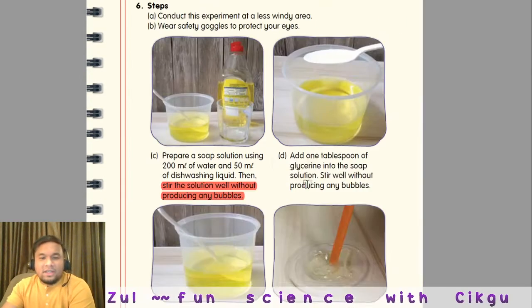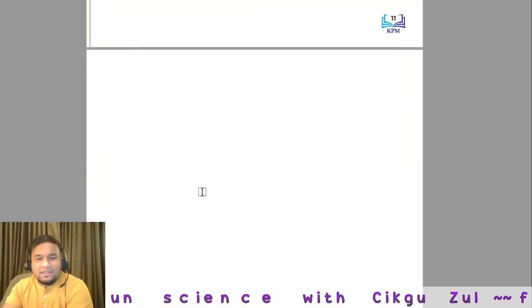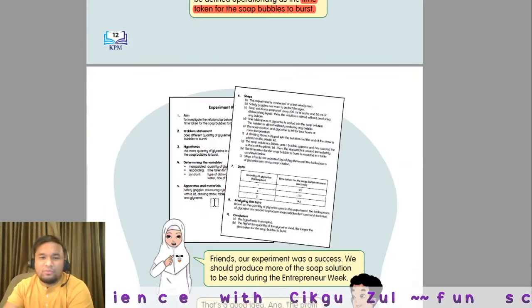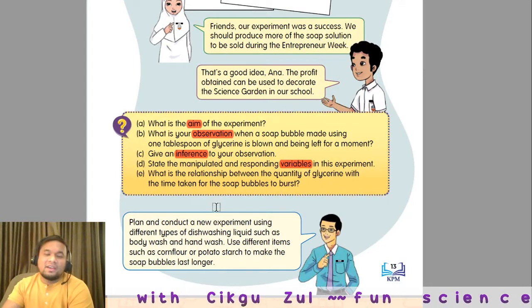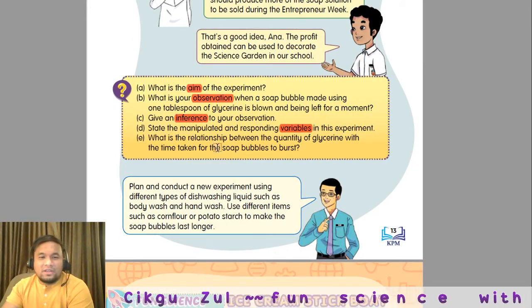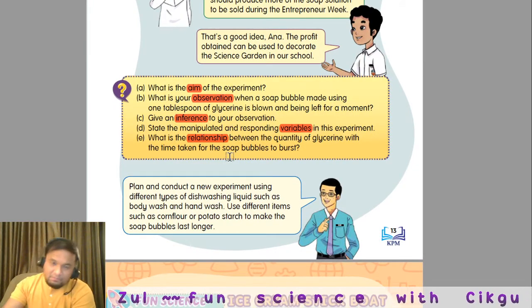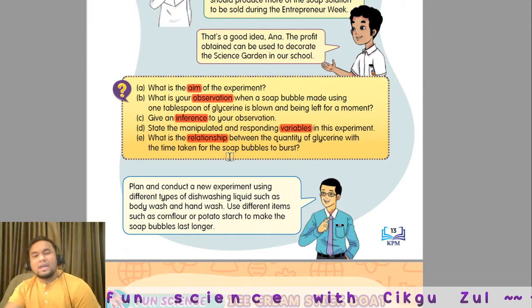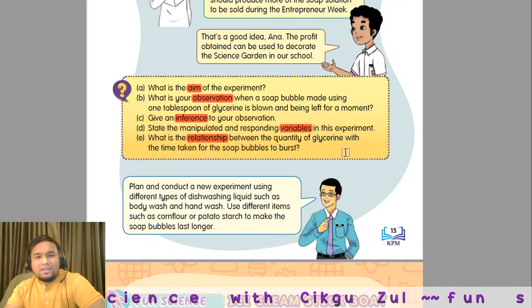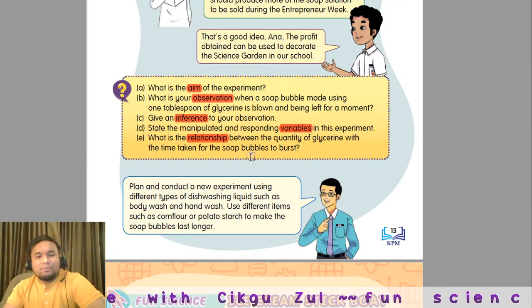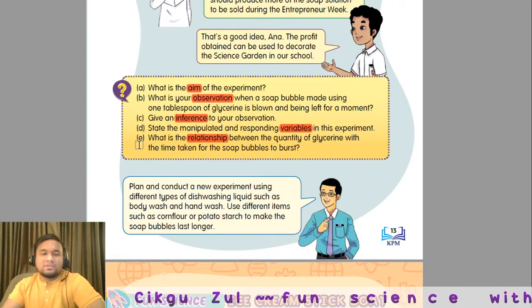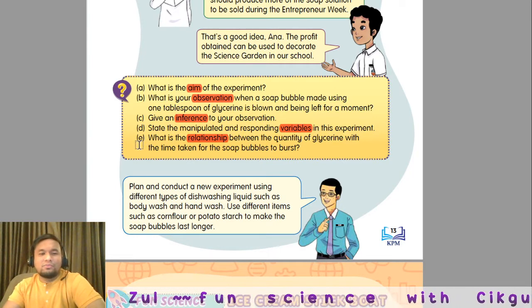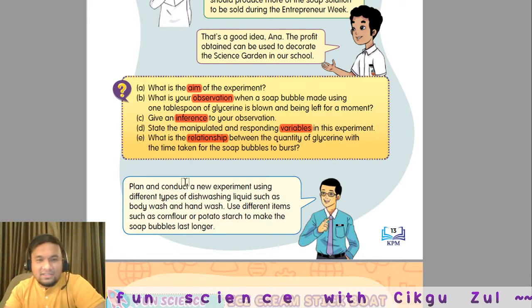Okay, next. The last question. E. So what is the relationship between the quantity of glycerin and the time taken for the soap bubbles to burst? Mana satu jawapan dia? Betul ke ada jawapan dalam buku teks juga? Memang dah ada.